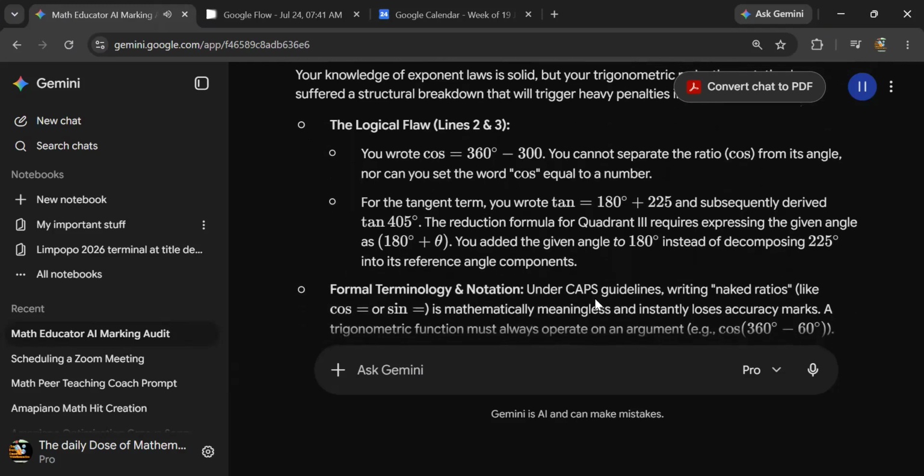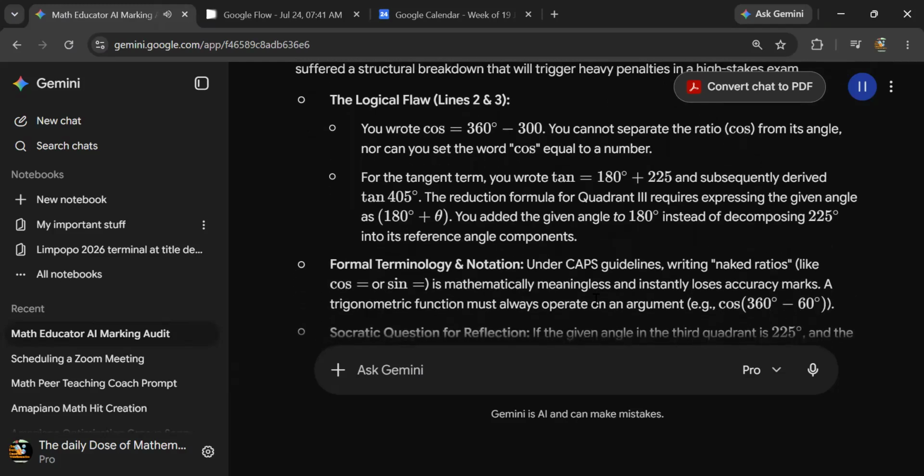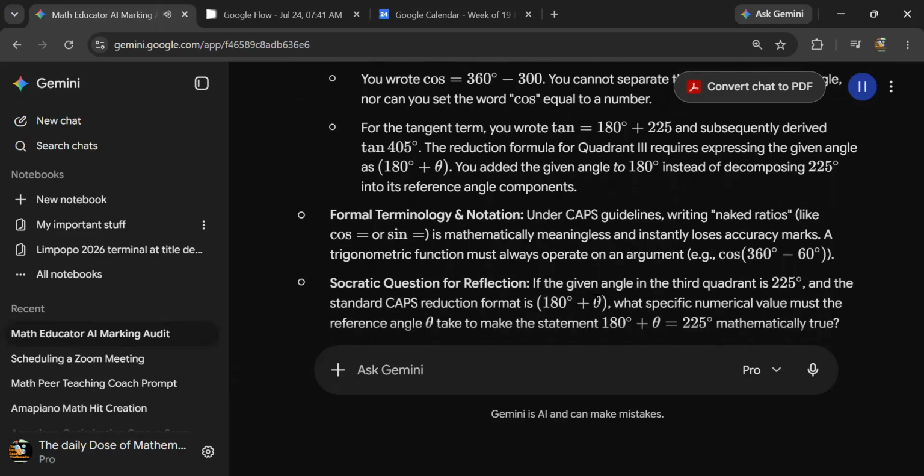For the tangent term, you wrote tan equals 180° plus 225° and subsequently derived tan 405°. The reduction formula for quadrant 3 requires expressing the given angle as 180° plus theta. You added the given angle to 180° instead of decomposing 225° into its reference angle components.